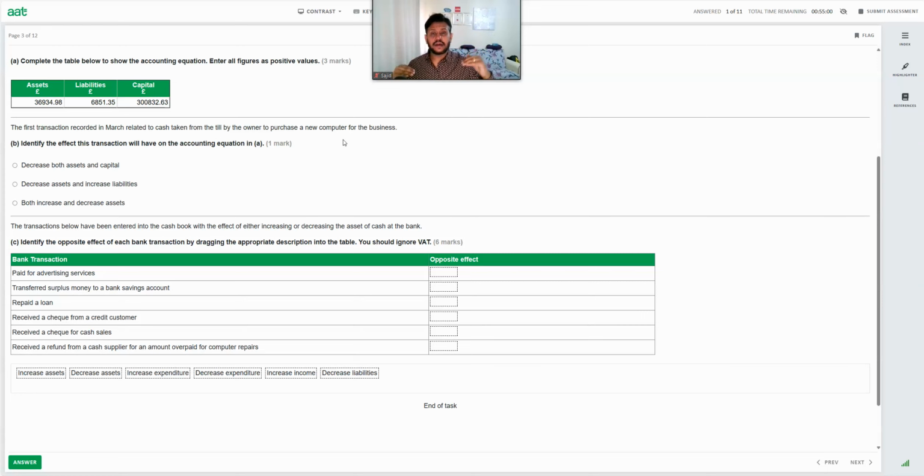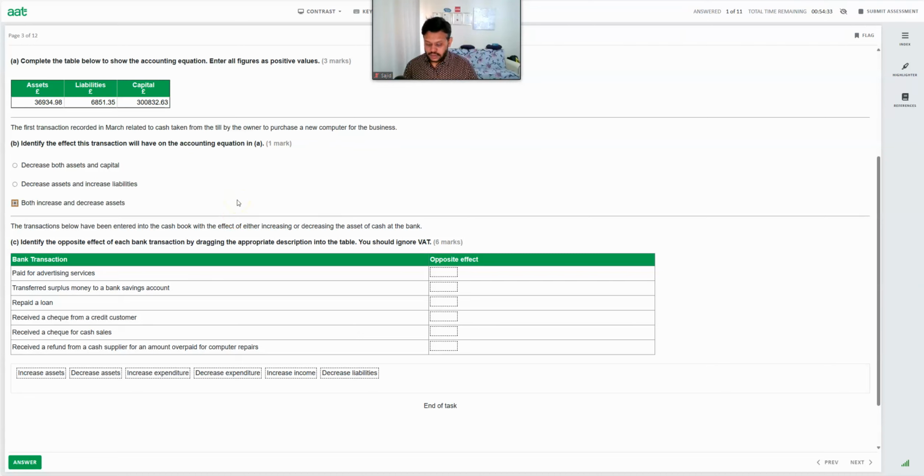So cash asset going down, physical asset going up. Both an increase and decrease of assets, because one asset, cash, is decreasing and one asset is increasing. Be very careful. If we take some money to pay wages or advertising or rent, then my expenditure will go up and asset will go down.